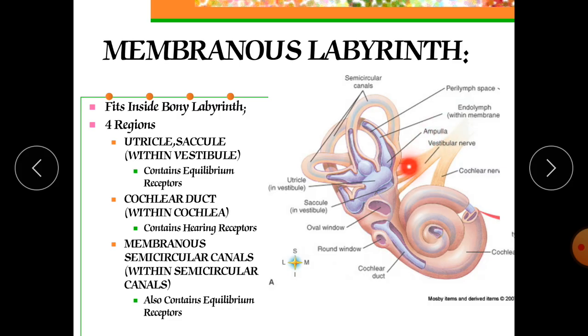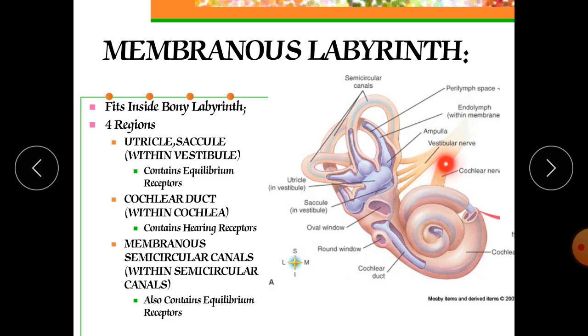Here you can see the vestibulocochlear nerve, the eighth cranial nerve, which plays a vital role in hearing. The vestibular branch enters the vestibular part, and the cochlear branch enters the cochlear part. From here they capture the signals.